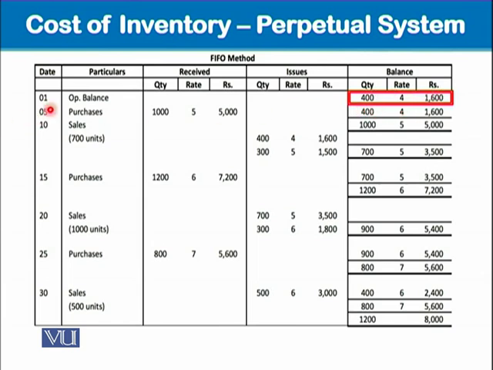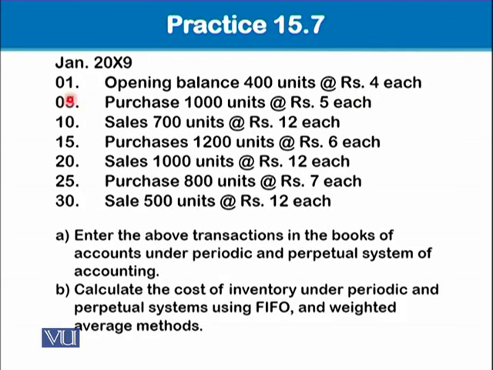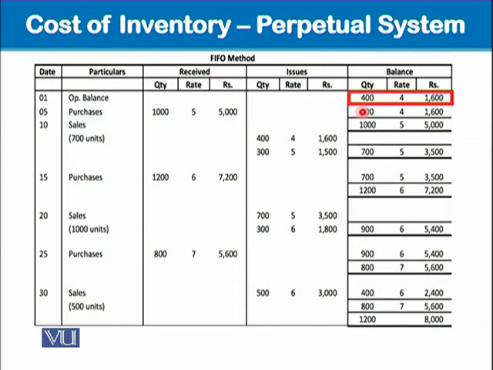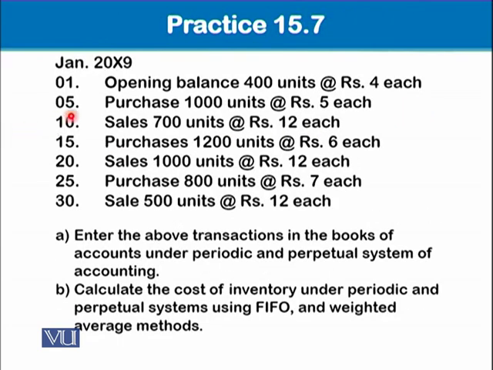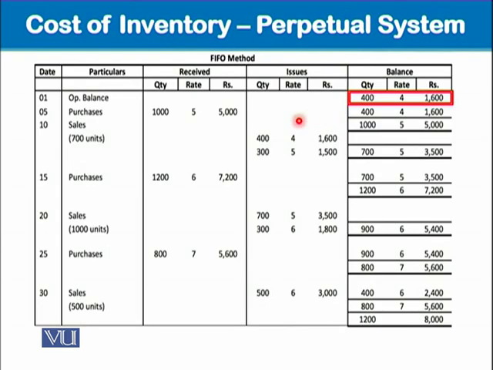On 1st of January, if we look into the question, there is an opening balance of 400 units at rupees 4 each. So put this opening balance over here. The next transaction is on 5th January, and we have 1,000 units purchased for 5 rupees each, total amount 5,000.